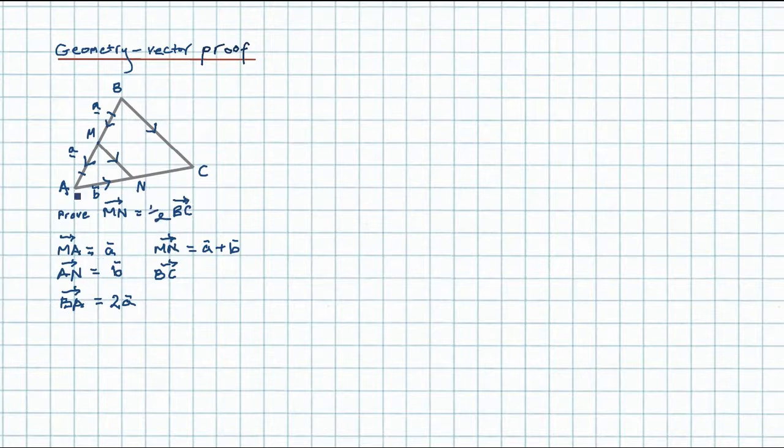And similarly, what we want now is A to C to get us to the tip of this vector here. So we've got A to C is going to be 2B, okay, because this is going to be B here. So 2B.